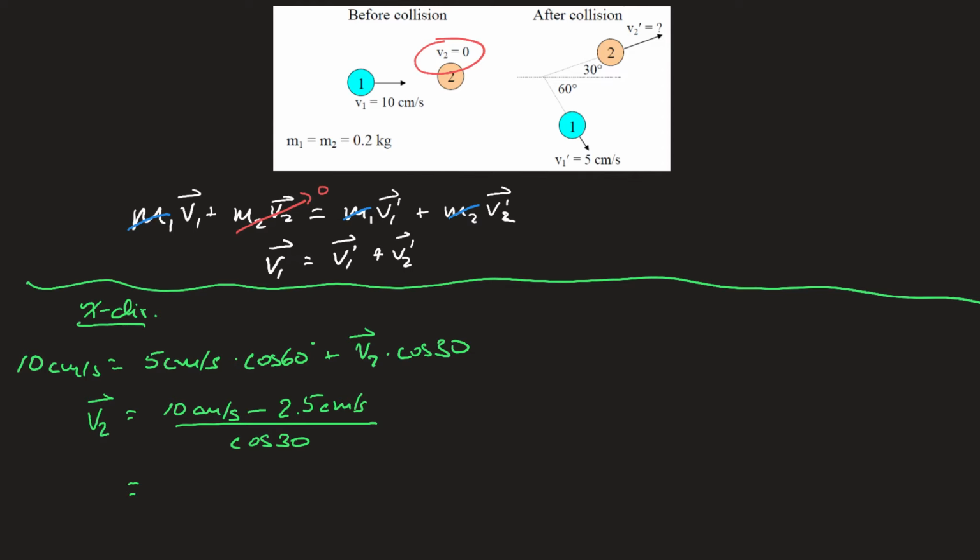We end up with a v2 prime value of 8.7 centimeters per second. We can do the exact same stuff here, making use of just the y direction.